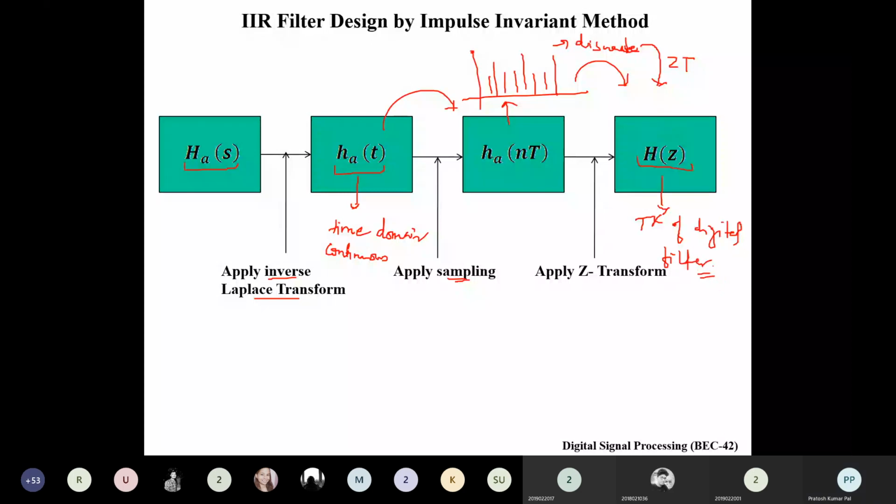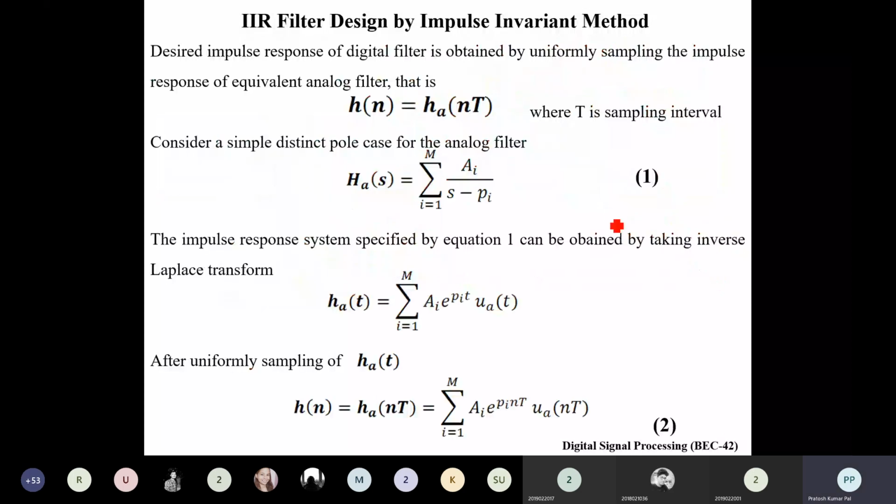In the impulse invariance method, we have H(s), and we consider that H(s) has distinct poles. If any system has different poles, it will be represented like A1 over (s minus p1), that is one system with one pole.